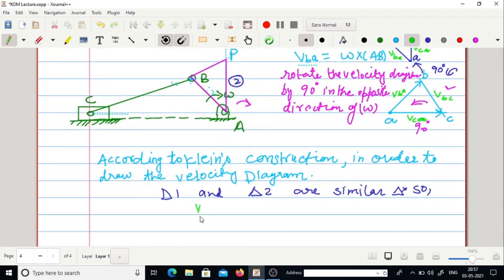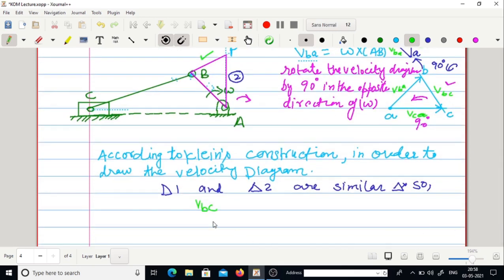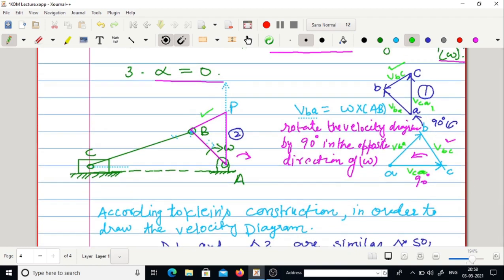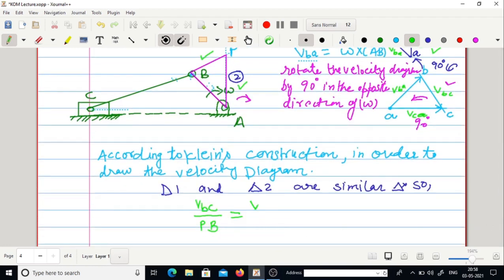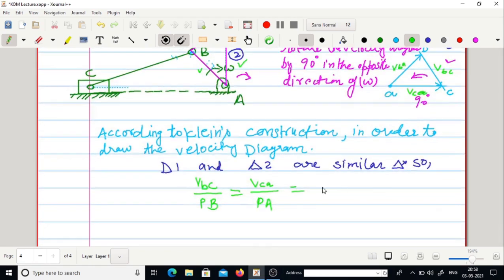So with these two triangles, by applying the similar triangle theorem, we can write that BC, that is this arm divided by this arm, so VBC divided by PB is equal to this arm, for example VCA divided by this length PA, so VCA divided by PA equal to VBA divided by AB.